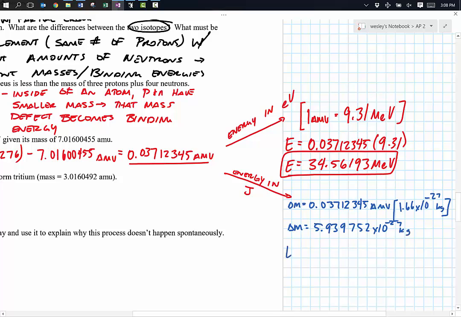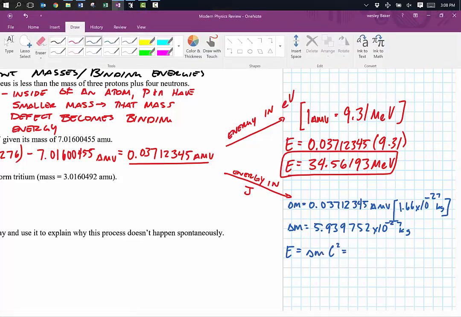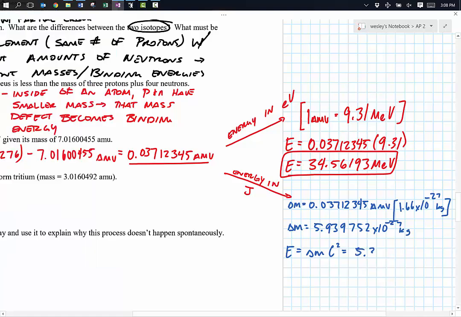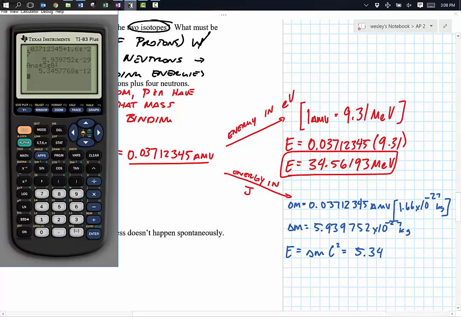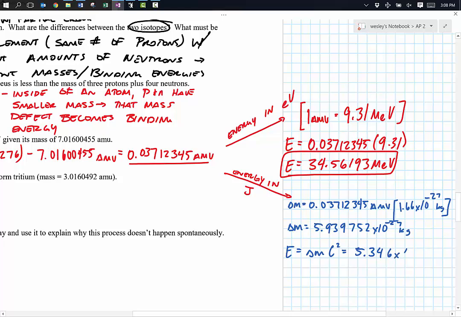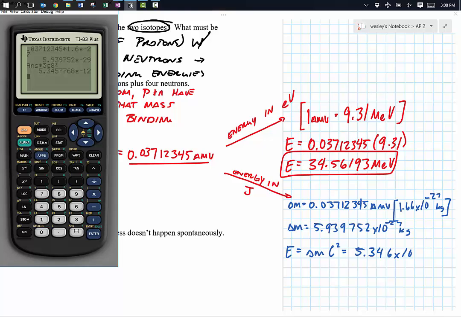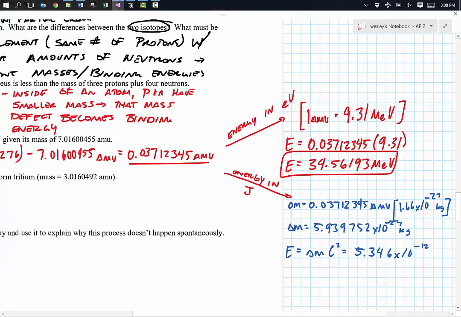And to get the energy in joules, that's delta M times c squared. So we'd take that number and multiply it by 3 times 10 to the 8th quantity squared, giving me 5.346 times 10 to the negative 12th joules.